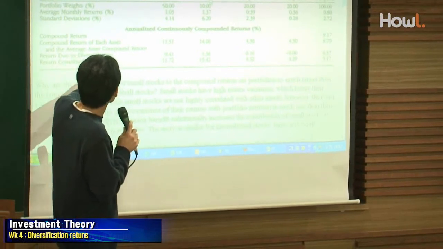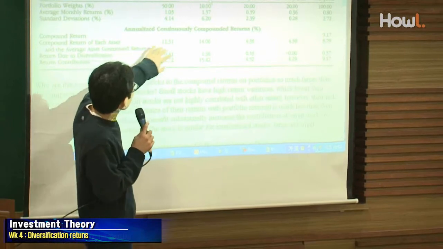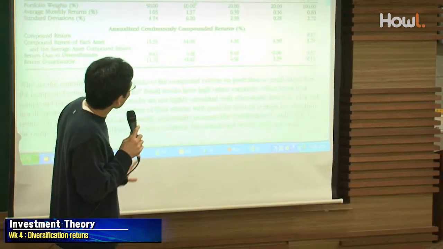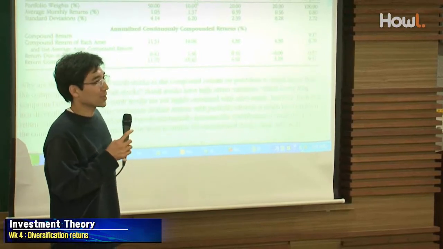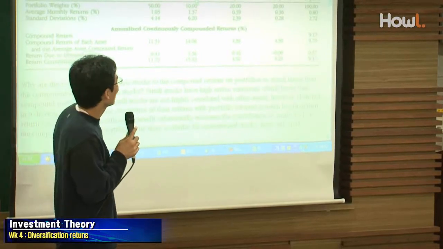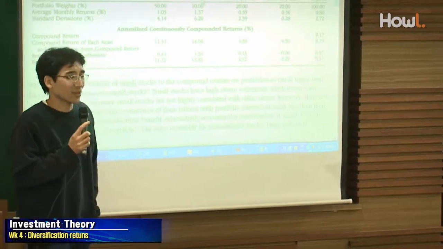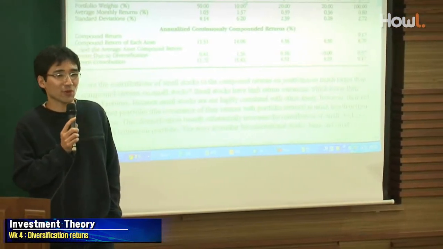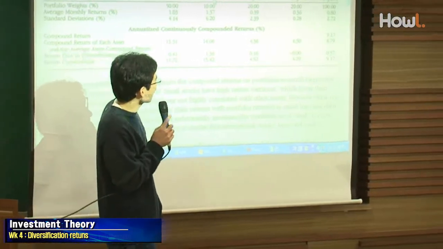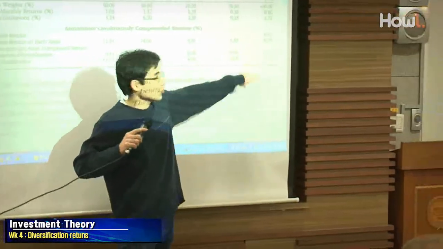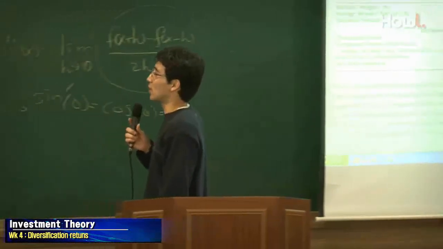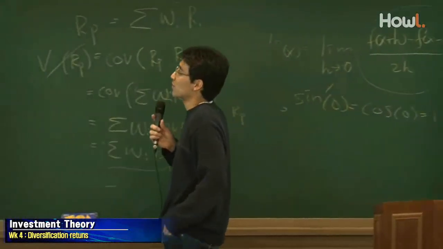And the weighted average, multiplying this by the portfolio weight and summing them up, gives a return of 8.79%. So the weighted average of individual asset class returns is actually smaller than the portfolio return. And we know why this happens, right? It happens because of the diversification effect.